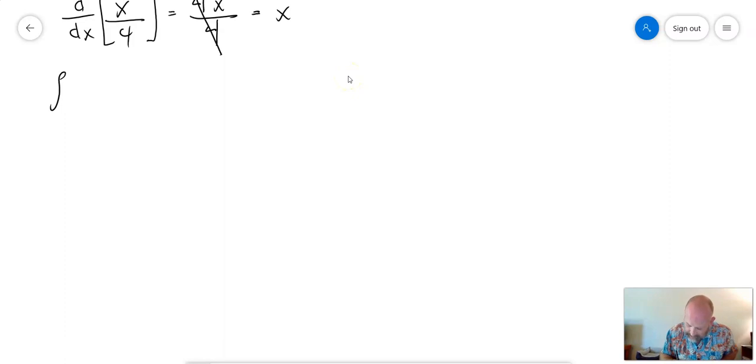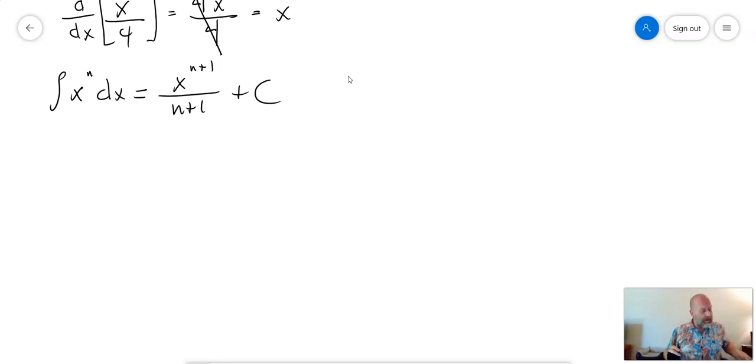And so in addition to this idea that the integral of x to the n dx is equal to x to the n plus 1 over n plus 1 plus constant, in addition to that, we can actually say a few other things. And you can verify these by taking the derivative of the right-hand side to see if you get the left-hand side.